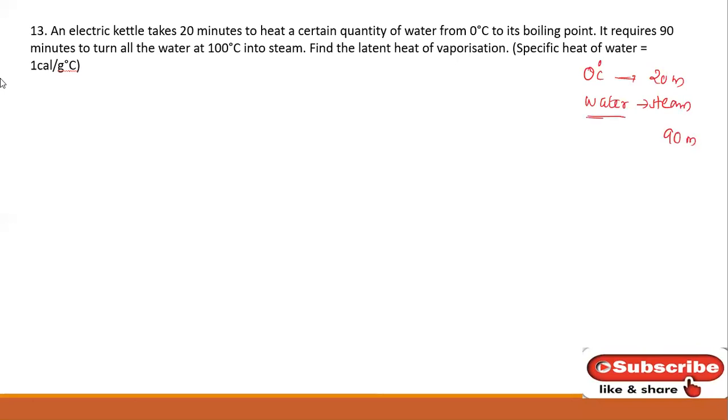We know that water will boil at 100 degrees Celsius. At 100 degrees Celsius, the water will get converted to vapor, but the temperature will not change. Only the phase will change. That means liquid will get converted to steam.